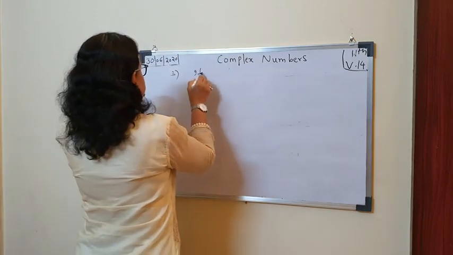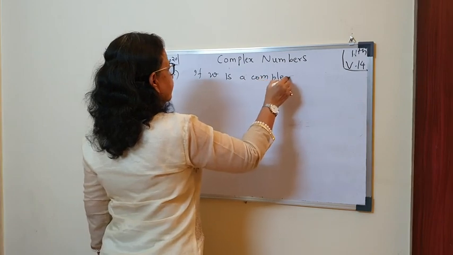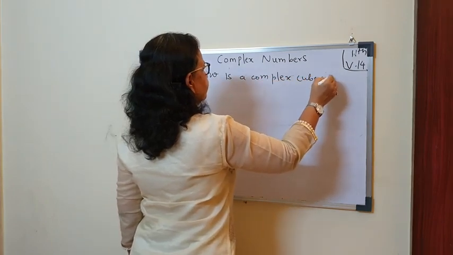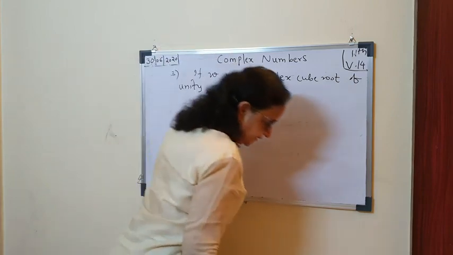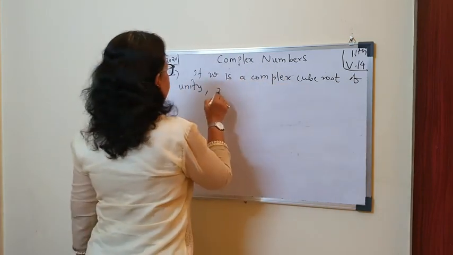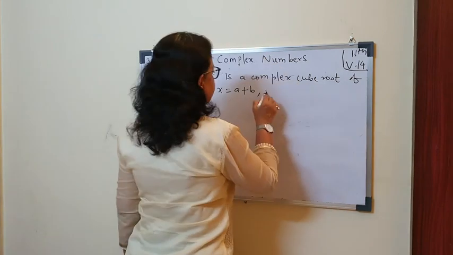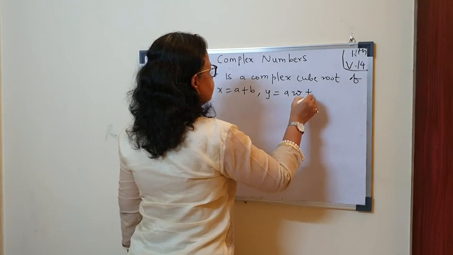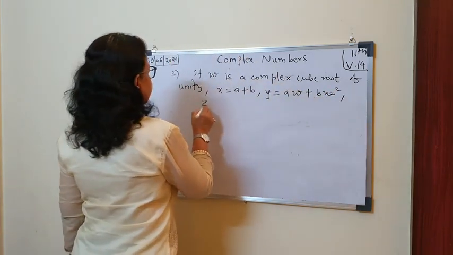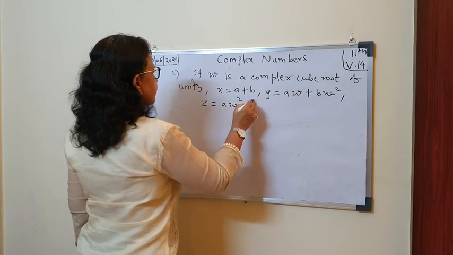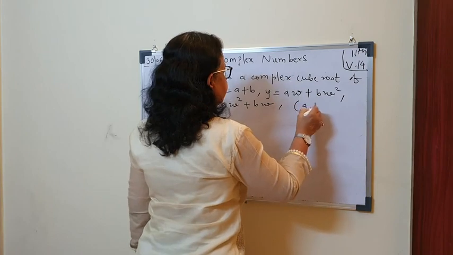If omega is a complex cube root of unity, x equal to a plus b, y equal to a omega plus b omega square, z equal to a omega square plus b omega, where a and b belong to real numbers.